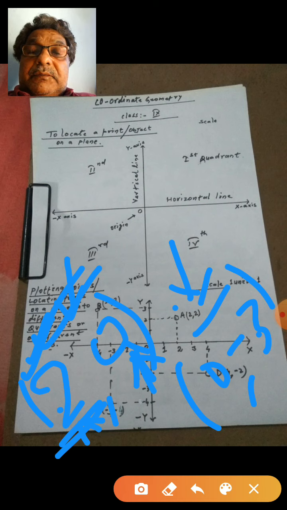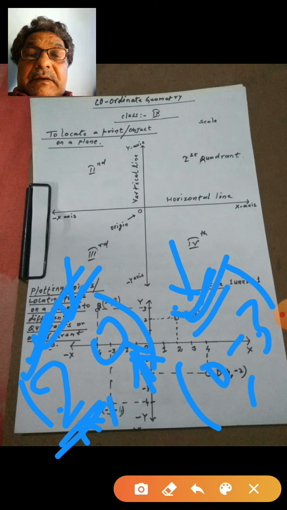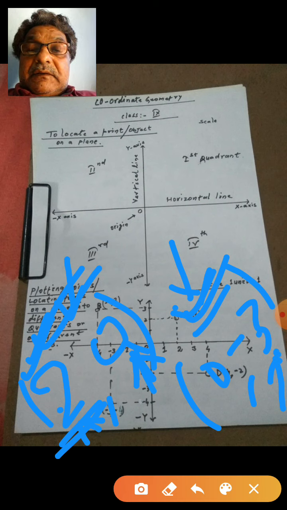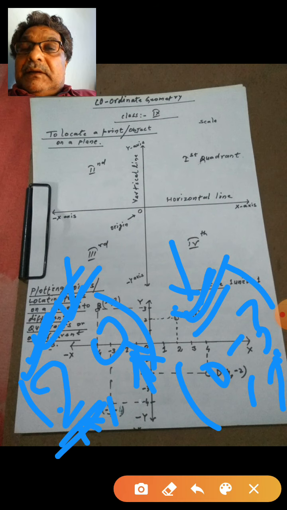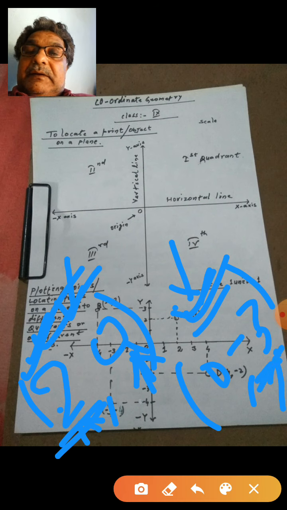For this point, seeing the non-zero value, that is minus 3, which is the y coordinate, this point will belong to the y-axis, definitely to its negative part, because y is negative. Okay students, so it is now clear.